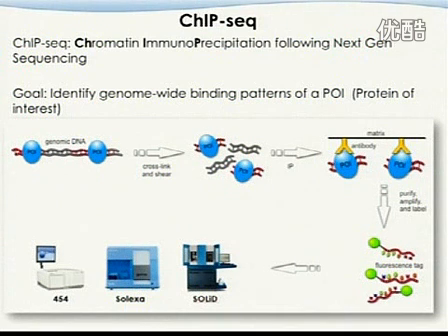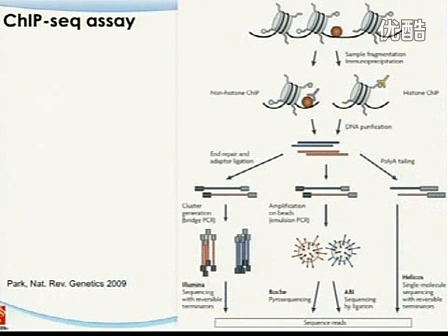So only those proteins with those DNA fragments will be pulled down here, and others will be washed away. Then you only have this red double-strand DNA left, and then you go ahead to do the sequencing, and that will help you to identify which part of the genome this protein originally binds to. We will have a couple of lectures on that as well.